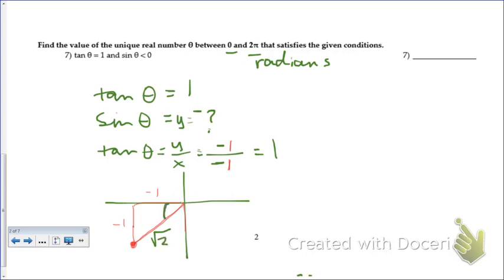Well, what angle has those sides? That's a 45-degree angle. So we had to go 180 degrees plus 45 degrees in order to get our result, which is 225 degrees. That's what theta equals.